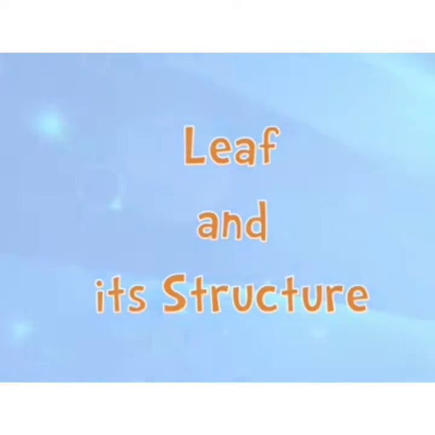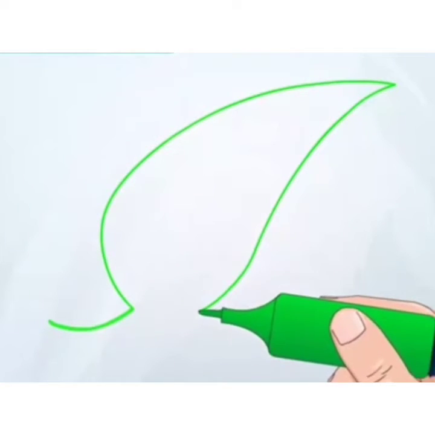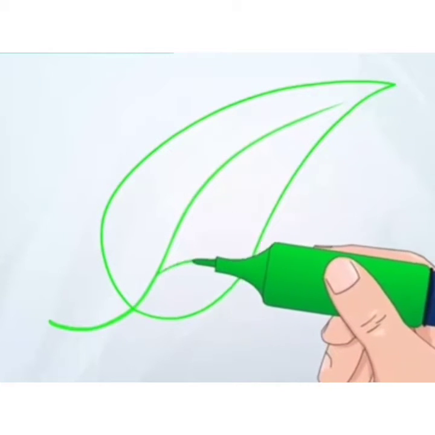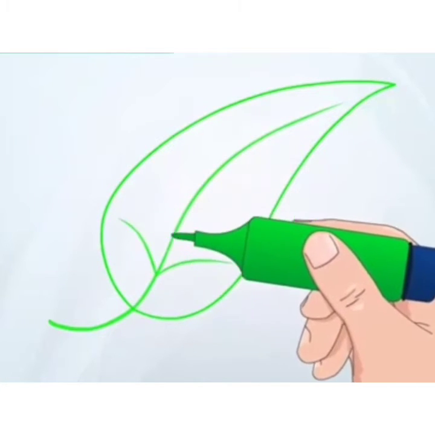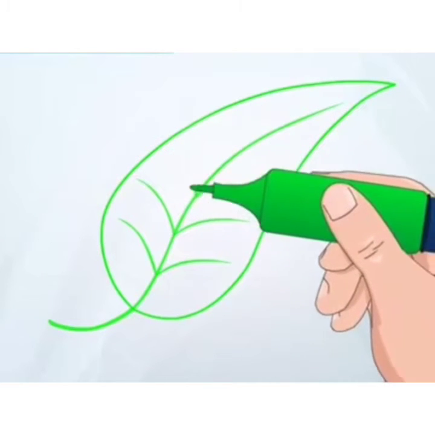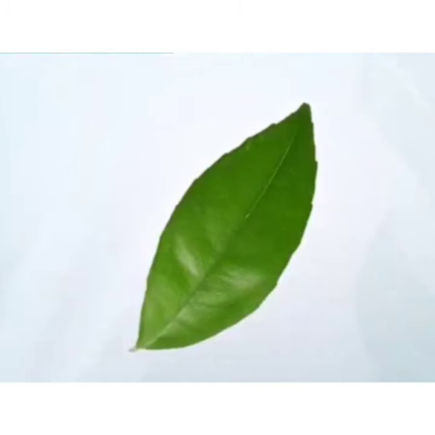Leaf and its structure. Most of you have drawn a leaf somewhat similar to this leaf here. This simple drawing says a lot about the shape and structure of a leaf.